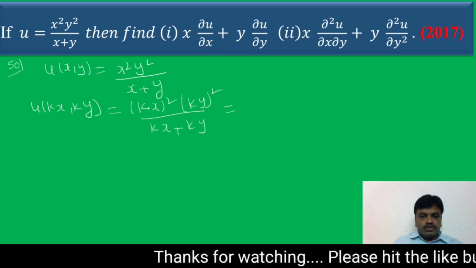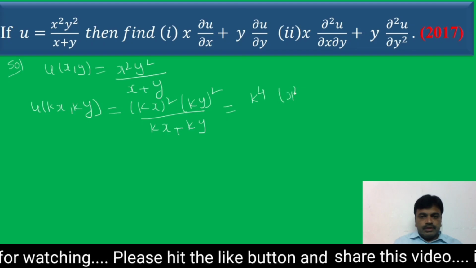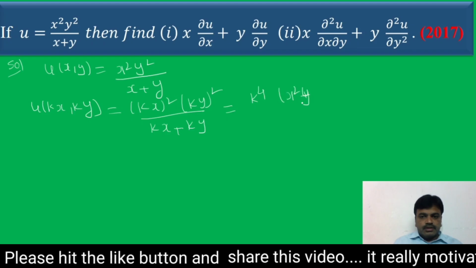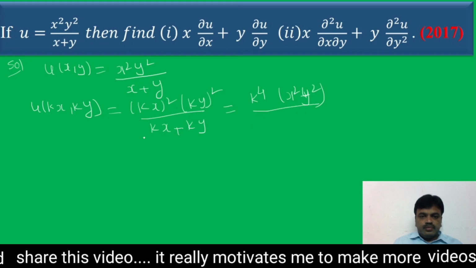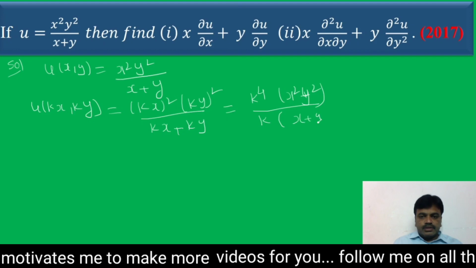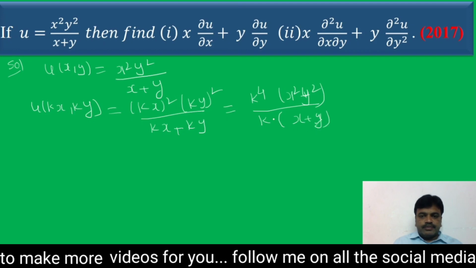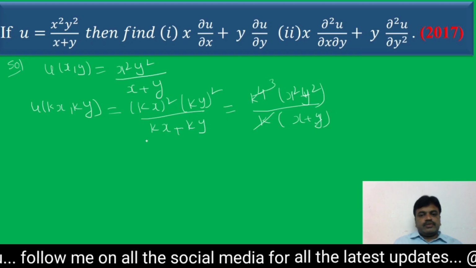That is equal to k² into k². We get k⁴ into x² y² divided by, here you can take k in common, and we get here x + y. Okay, in k⁴ how many times, friends? 3 times.